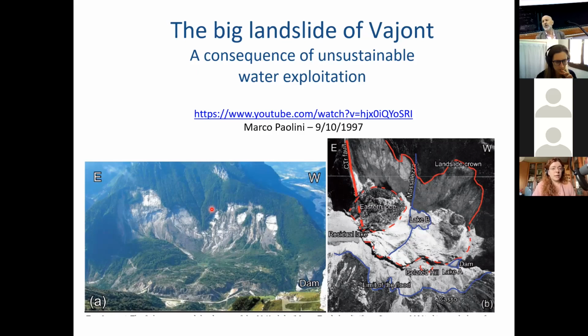This process obviously had a strong impact on the knowledge of landslides, and for that reason, from then to nowadays, it became much more difficult to build dams in watersheds where you have some landsliding process going on.